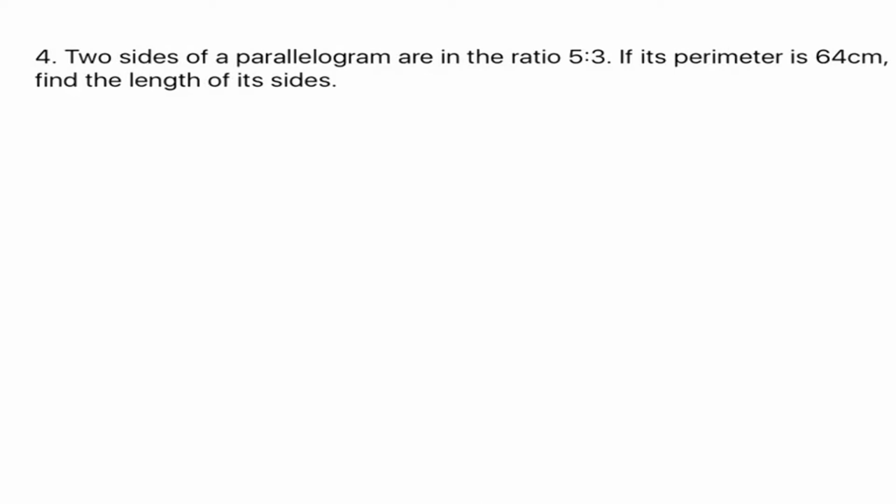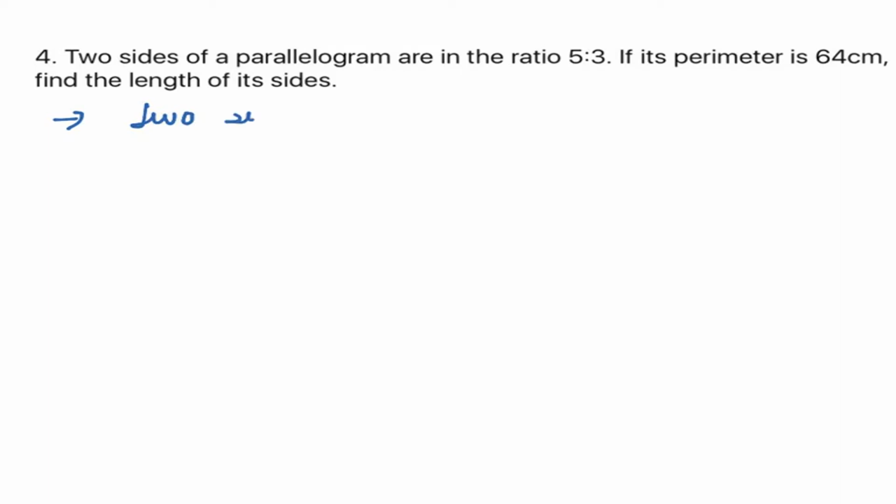Next question: two sides of a parallelogram are in the ratio 5:3 and its perimeter is 64. We have to find the length of its sides. So in that question, what we can do, we have been given two sides of a parallelogram in the ratio 5:3.